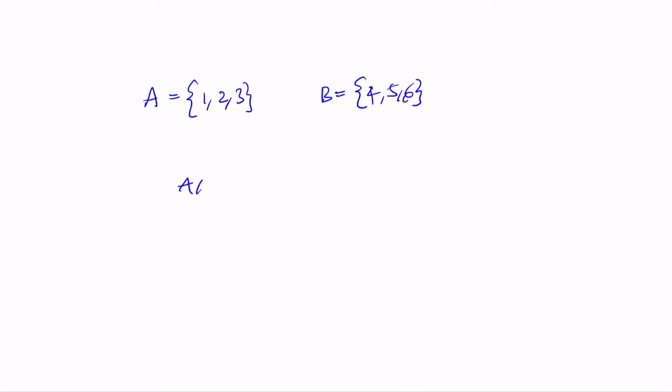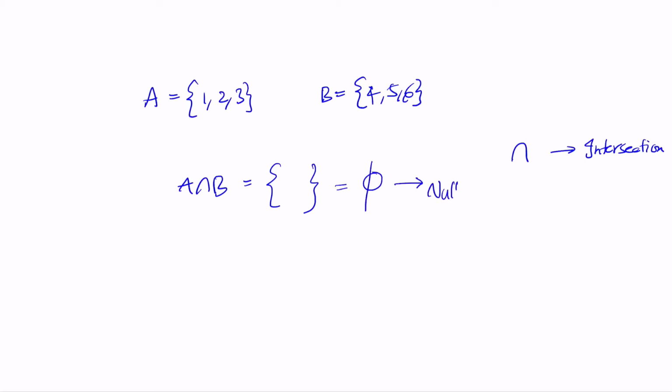Whenever you write A intersection B, this symbol represents intersection, meaning what are the common values in both of them. Notice that if you take these two sets, there are no common values, which means that's an empty set. This is also called a null set, phi. Phi represents a null set, meaning that it does not contain any values.